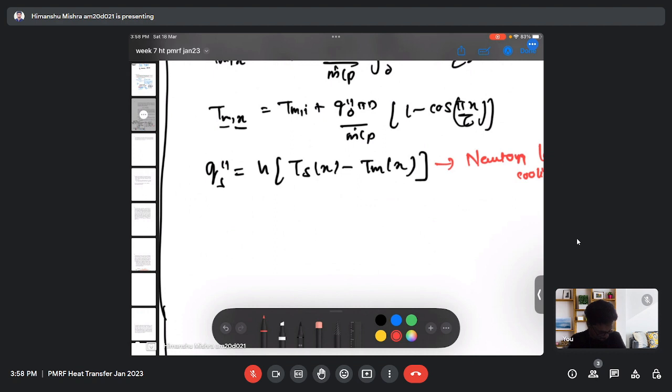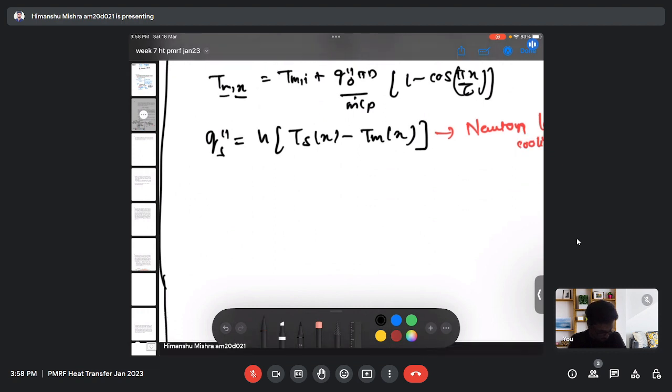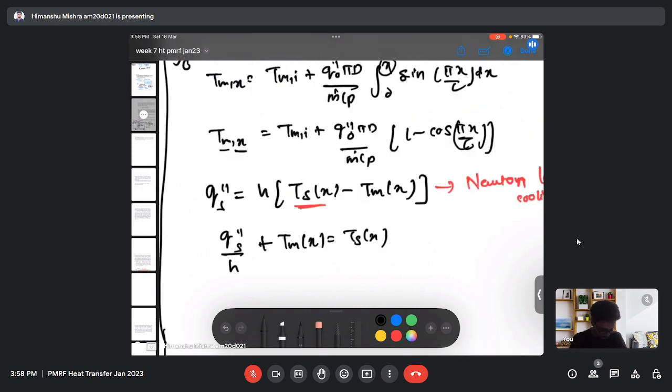So this is my Newton's law of cooling, and we need to determine this surface temperature. So this is my surface temperature, and we put this expression of the mean temperature here.